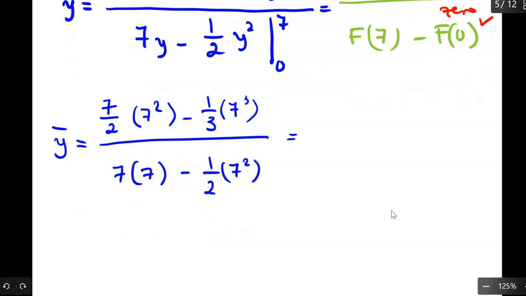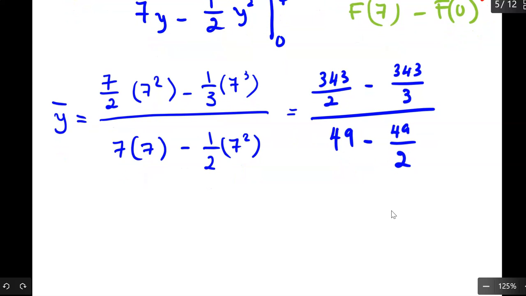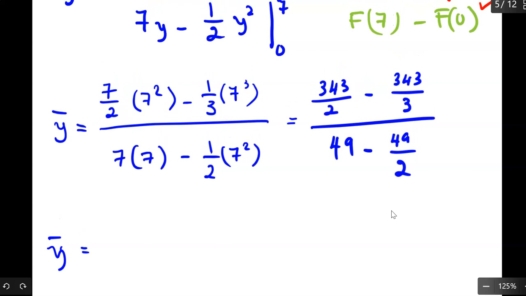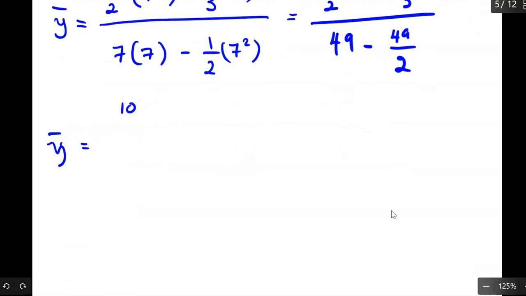We should get 343 divided by 2, subtract 343 divided by 3, over 49, subtract 49 over 2. I'm going to do it step by step. I take a common denominator, or you can just use your calculator.